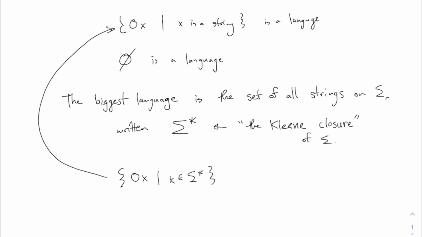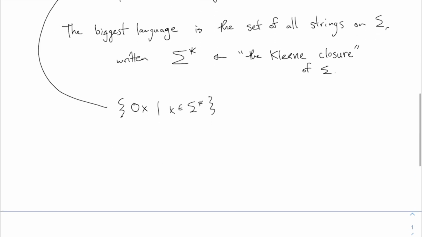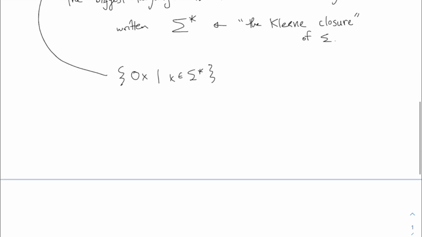I want to explain a little bit of the terminology of language, which is meant to make an analogy between this and actual real world languages, either programming languages or spoken languages. So let's talk about a natural language, a spoken language. In this setting, you could think of a language as like the English language, for example.